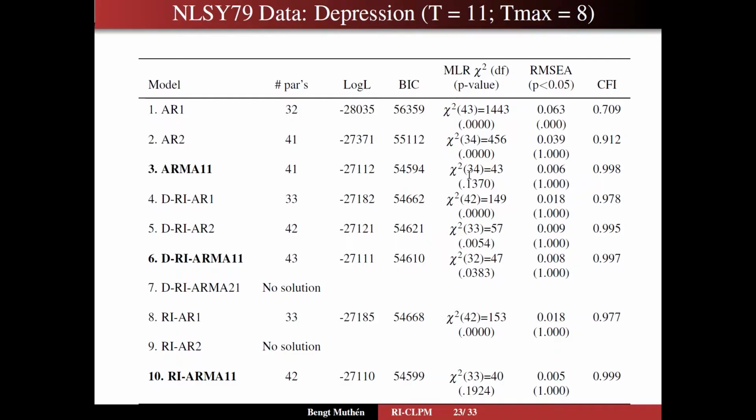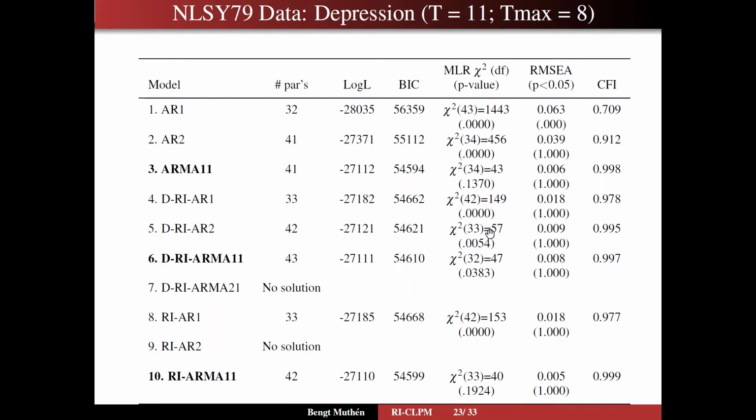The ARMA model, certainly for the same number of parameters, is much better. And if you go then further down, the dynamic random intercept models don't get that great of chi-square.